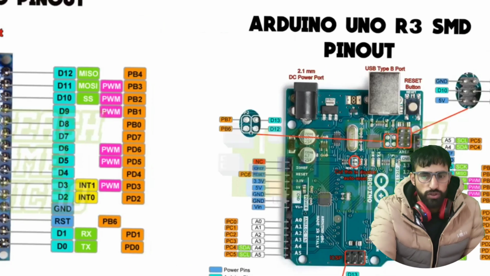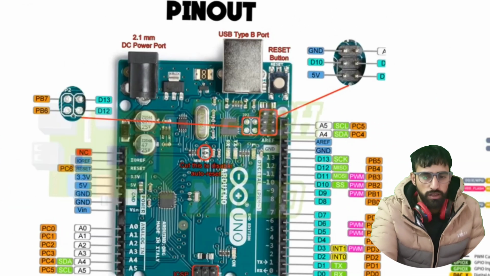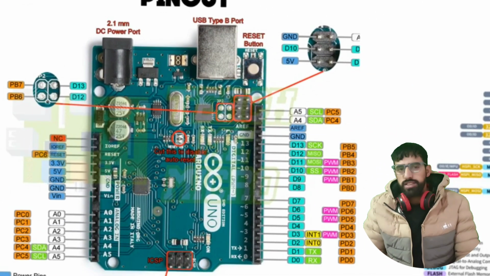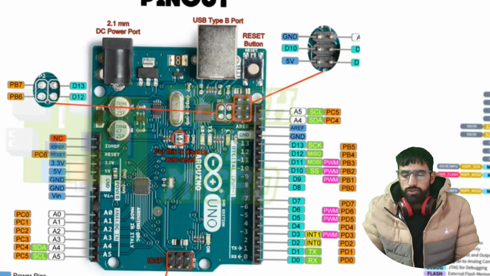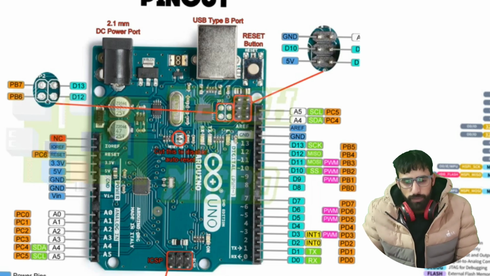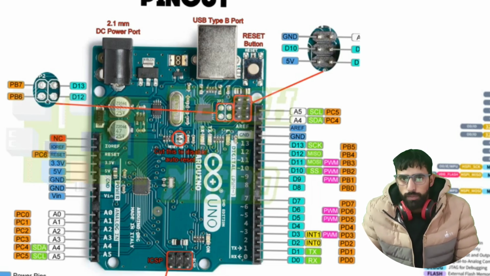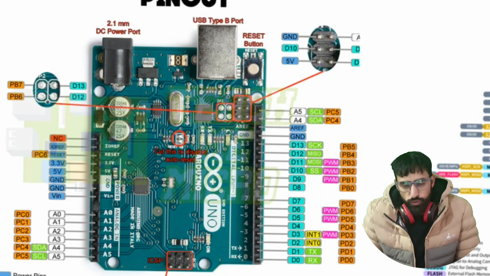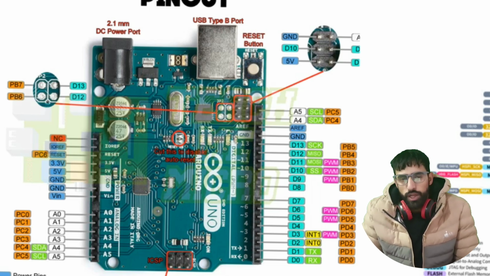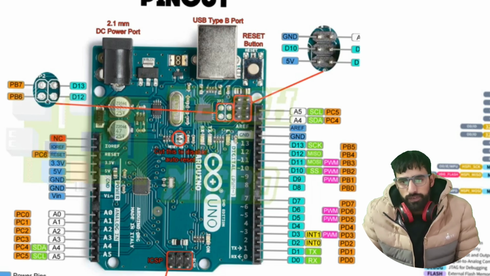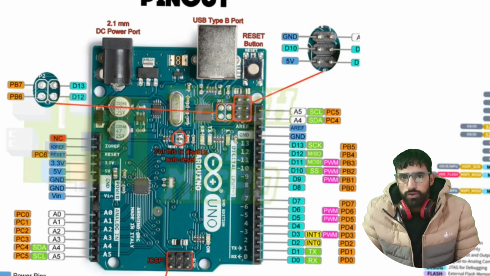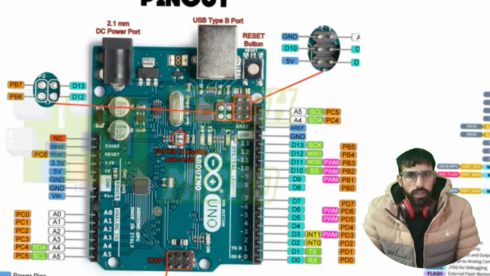Now let us talk about the Arduino Uno R3. Arduino Uno R3 is the same as Arduino Nano. If you use the DIP ATmega there's a difference, but if you use the chip that supports it, Arduino Nano and Arduino Uno work the same with the same pins. The difference is that Arduino Uno has only A0 to A5 analog pins, and Nano has A0 to A7 analog pins.